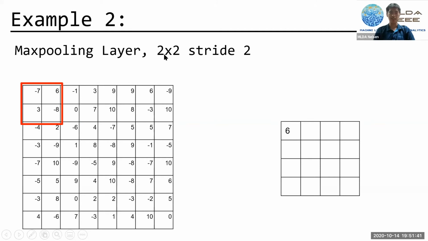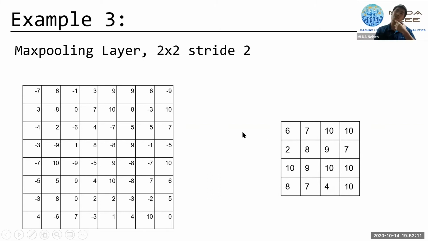In this case, it is 2 times 2 with a stride of 2. If we do this for every region in the image, we get this. If you can see, 6, 3, -8, -7, the maximum one is 6; -1, 3, 0, 7, the maximum is 7. We do that for all of them, and we get a smaller image.